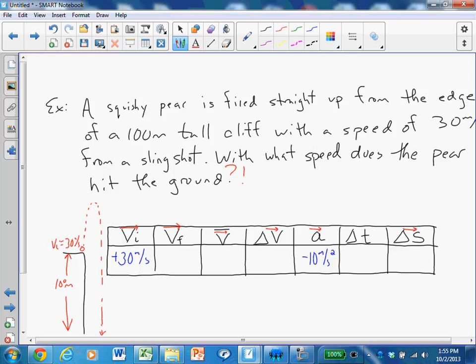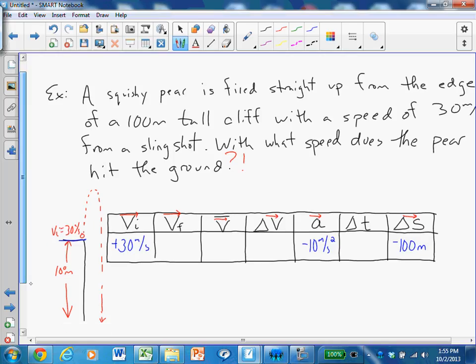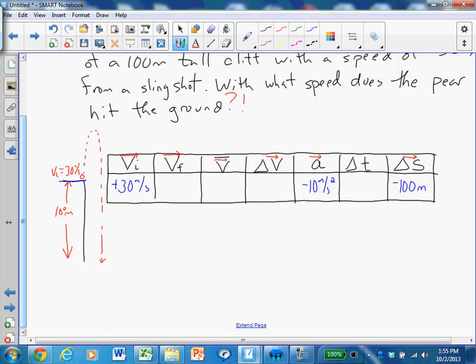And the height, if we take the starting point as 0, we'll have a height of minus 100 meters. Okay? So now, with that, we could do, again, our VF squared equation.